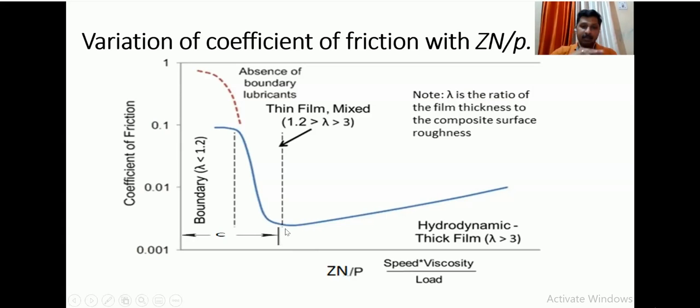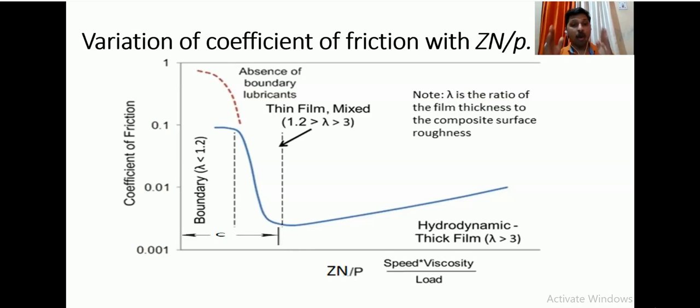And when the fluid film has been completely developed, that means there is no metal to metal contact. If there is no metal to metal contact and a thick film has been developed between the bearing and the journal, then we say thick film hydrodynamic lubrication, or the condition of complete hydrodynamic lubrication.